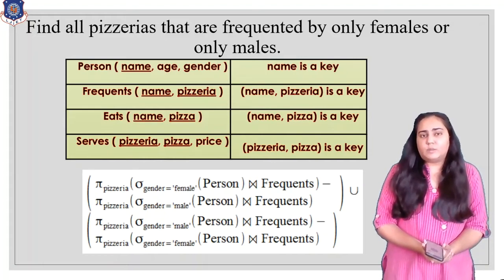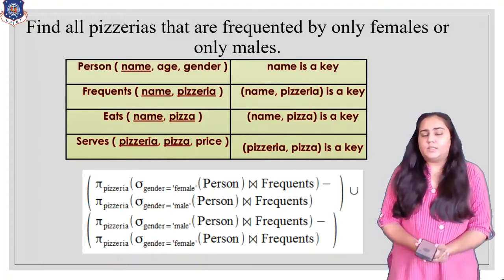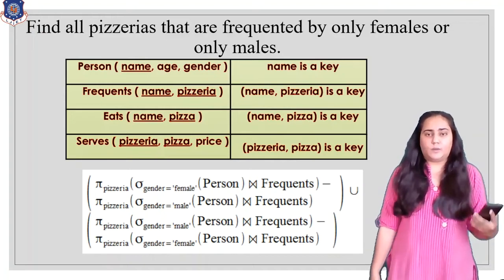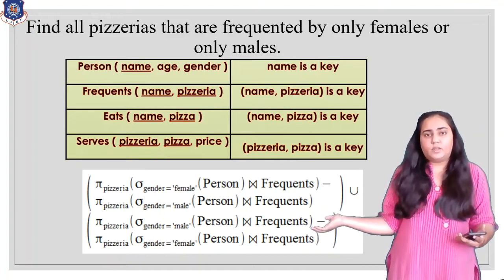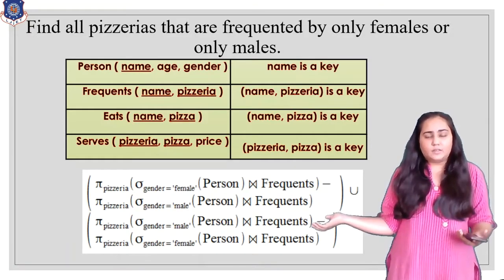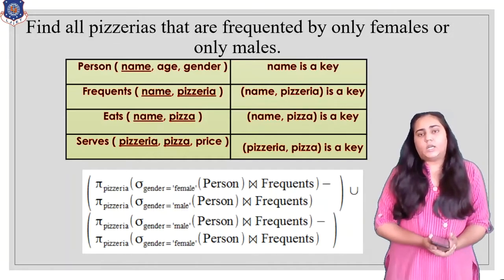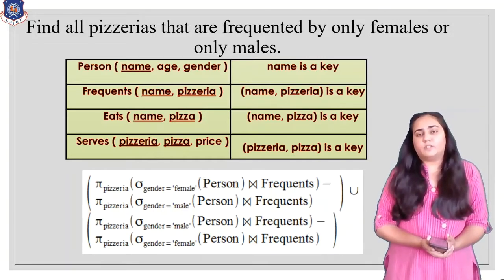So your answer may be correct also, and if you think about it, you'll be able to find another way to solve this question also. If that is the case, then you can obviously write your answer in the comments and I'll check it and let you know if it is correct or not.